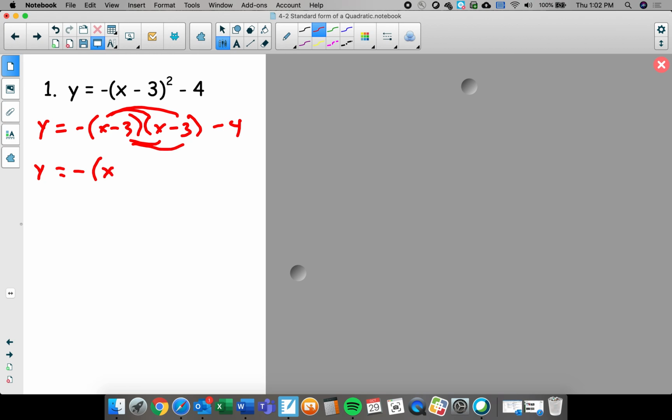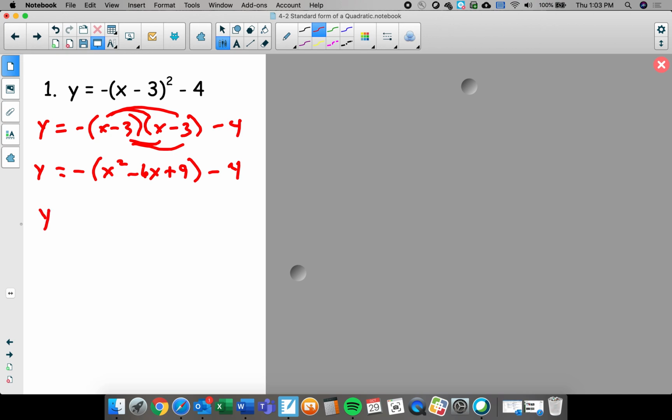So that would give me x squared. I'd get a minus 3x and then another minus 3x for a total of minus 6x. And the negative 3 times negative 3 would give me a positive 9. Okay. The reason I put that in parentheses is because of this negative out here. I now need to distribute that into the parentheses.